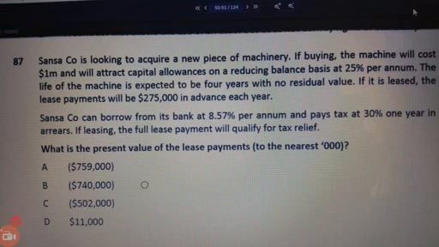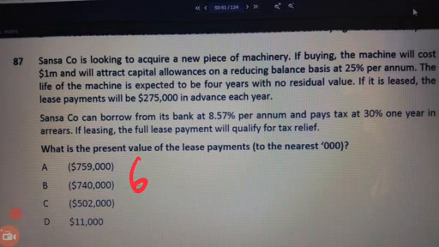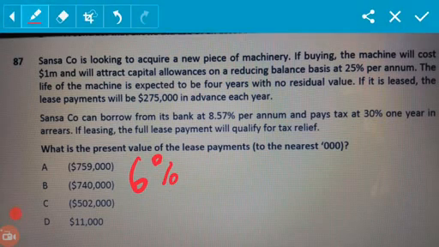Right, so now we know our interest rate is 6%, so we can use that value to calculate the PV of the lease payments.